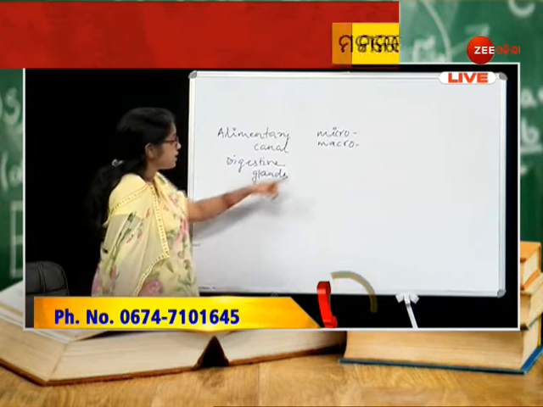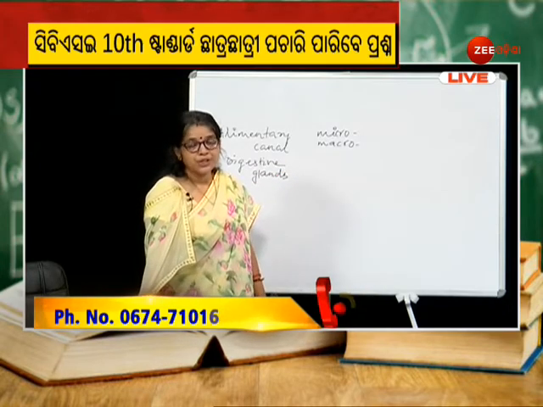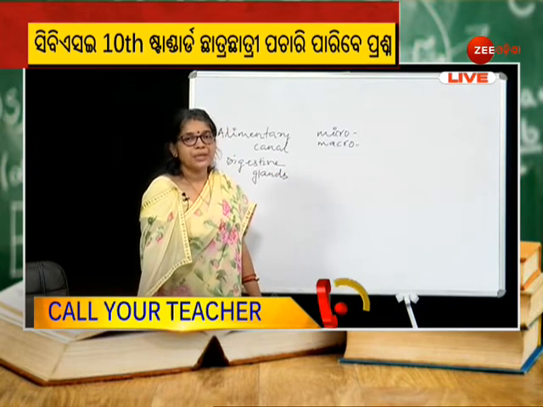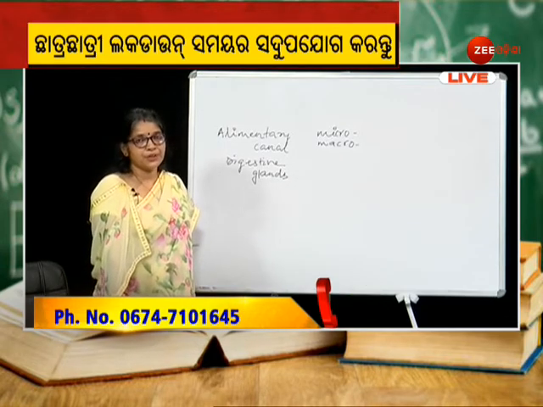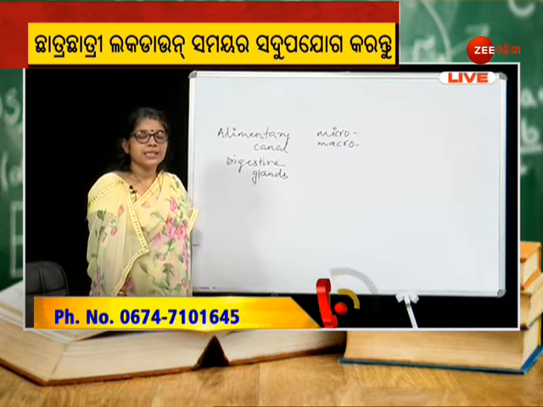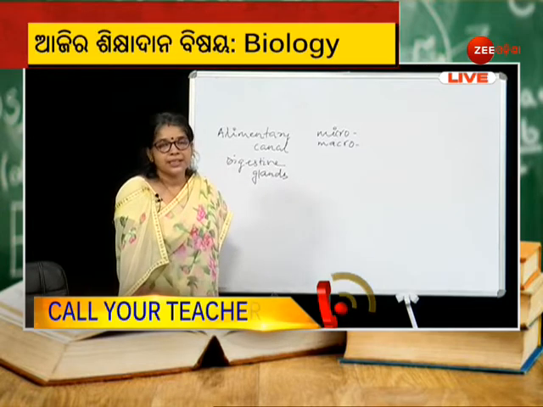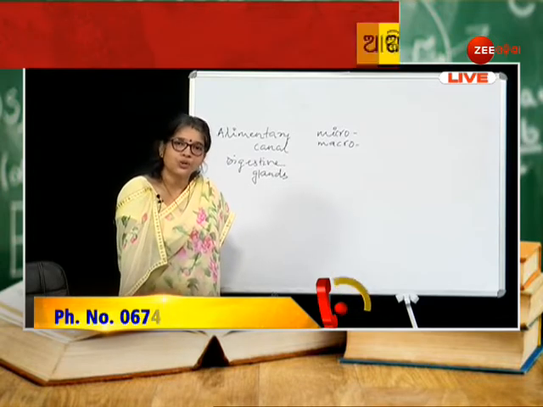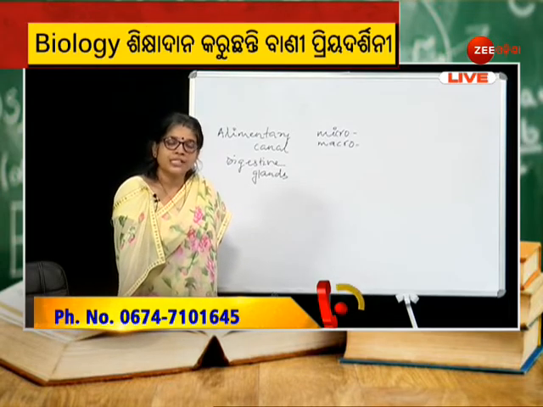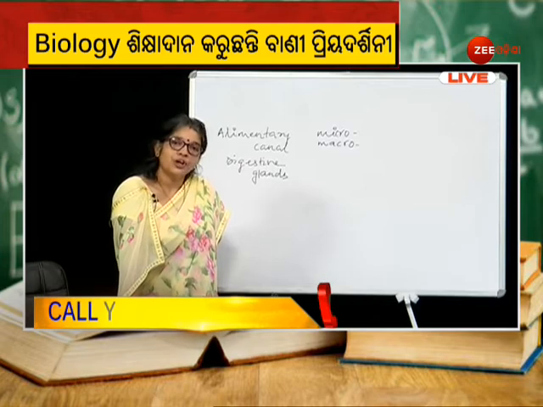Then the second one is the macronutrients. Macronutrients play an important role in the mechanism of digestion. They provide energy, maintain the growth of an individual, and are also responsible for the repair of lost parts.